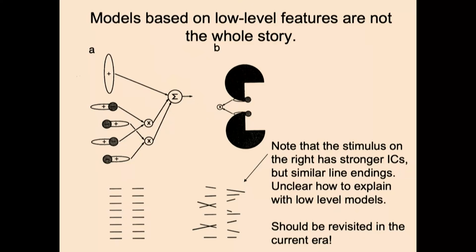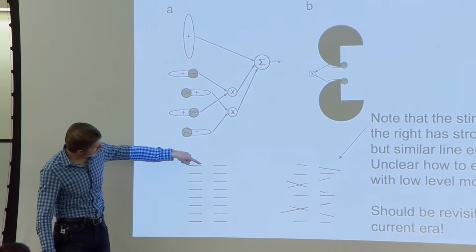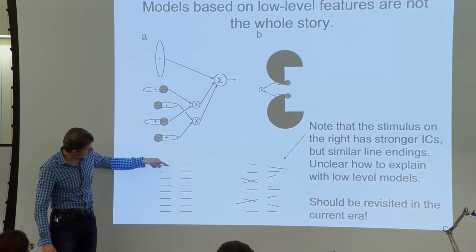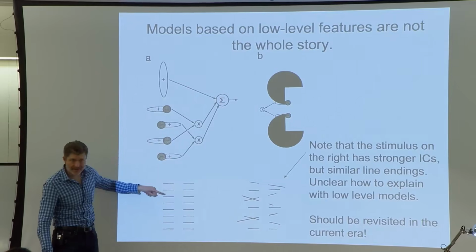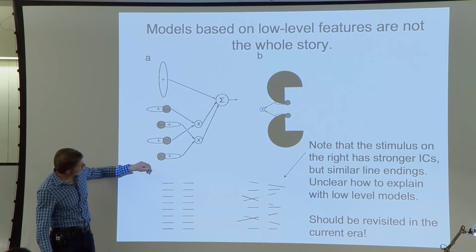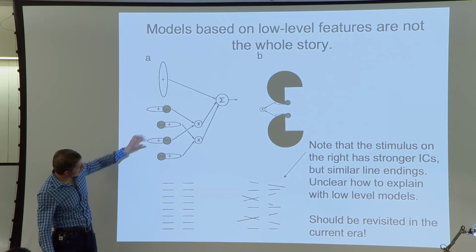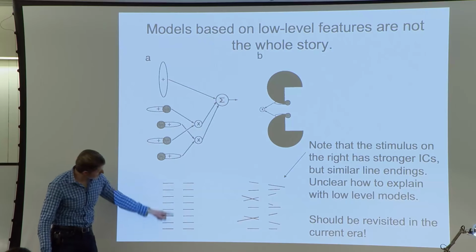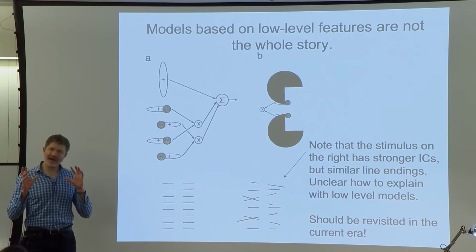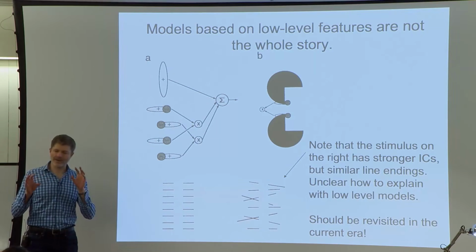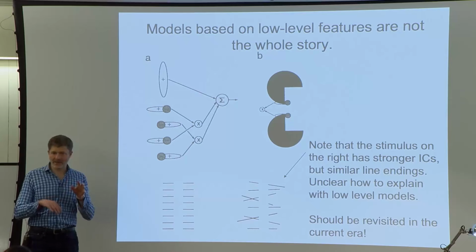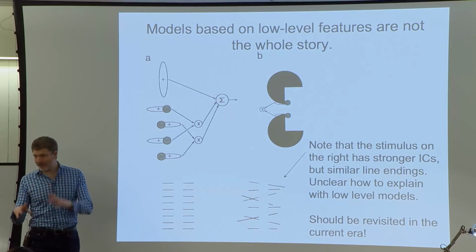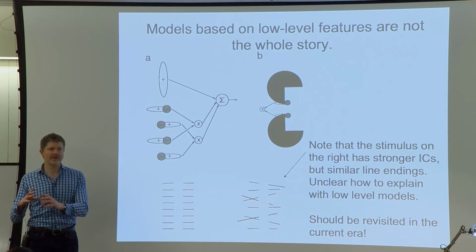The idea is that you could have local receptive fields that would detect the elements of these displays, like the line endings, for instance. And you can imagine you would try to create a neuron that would respond to these illusory contours in a way that's analogous to the way we think orientation selectivity is produced by a bunch of center surround receptive field inputs.